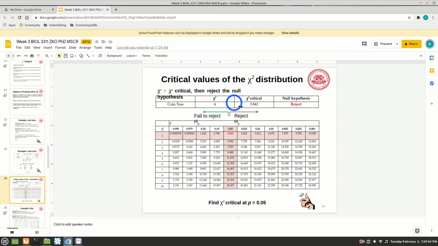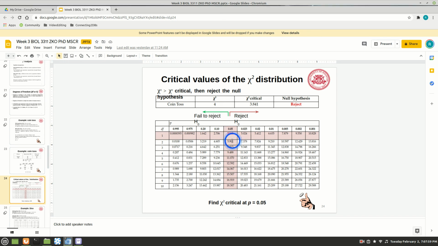So the idea here is our magic number is 3.841, and it will be pretty much for almost everything. You might go up to 5.991 if we did 2 degrees of freedom, but these are probably the only two you'll have to use in this course.